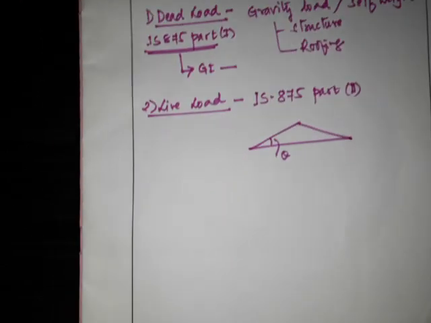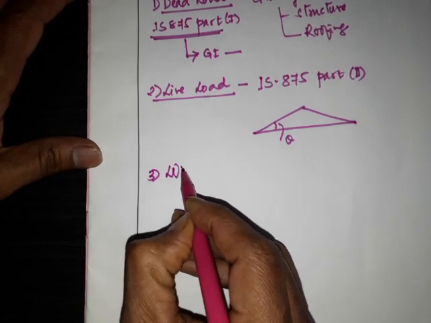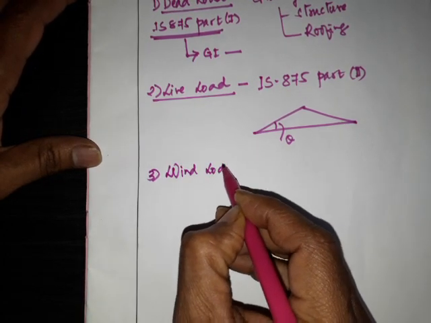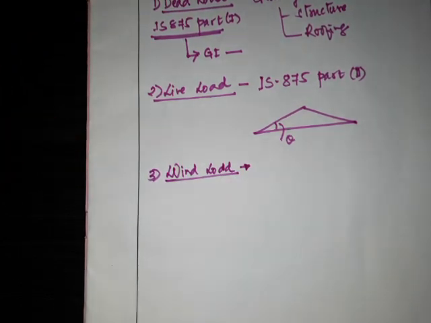Then next we have wind load, which is very important again, because in the design of a roof truss, the governing force is wind load. The steel structures are light in weight, so the wind tries to blow away the structure.